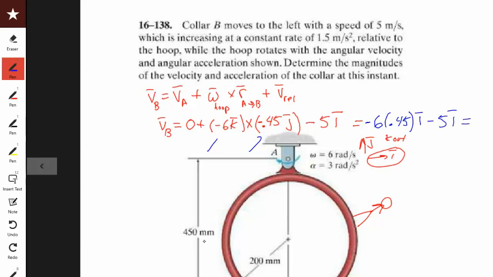So it's going to be a minus 6 times 0.45 minus 5, all of that in the I. So the velocity of B in the X is equal to whatever this number is, the velocity of B in the Y. There's VBY on the left. On the right-hand side, nothing. I don't have any J's. 0. And if you look at it, you say, yeah, that's about what it looks like it's doing. So no problem.